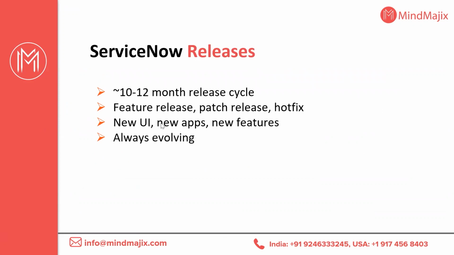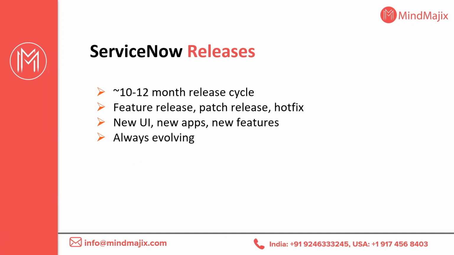Okay, I think that you didn't understand what Rome or Geneva is. Those are the ServiceNow releases. Like we have version 1.0, version 1.2, similarly ServiceNow has releases, and they have named the releases by city names.